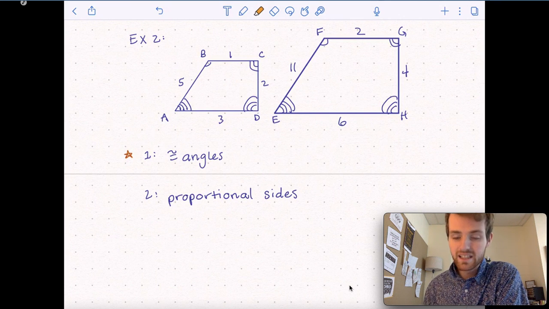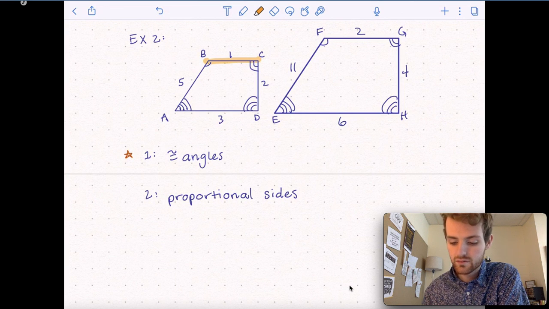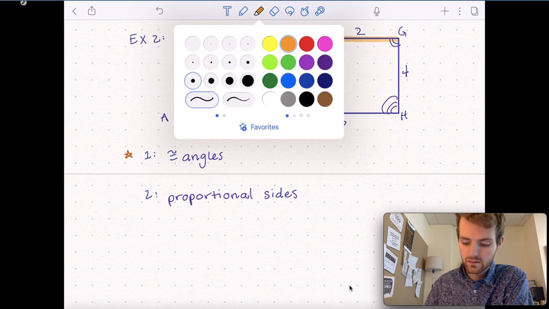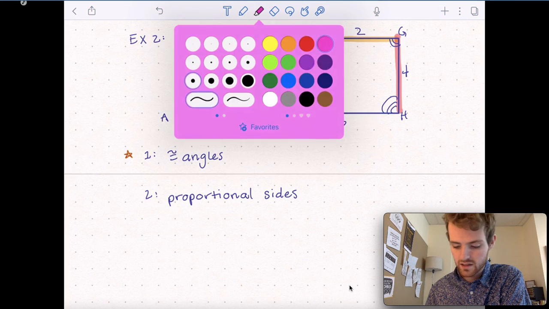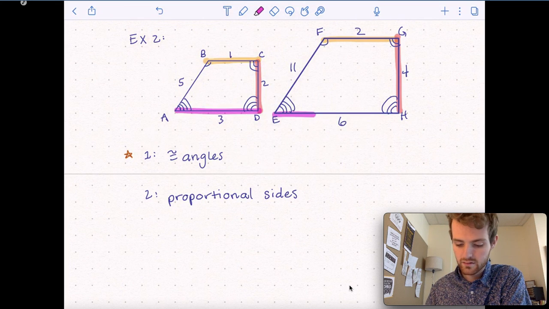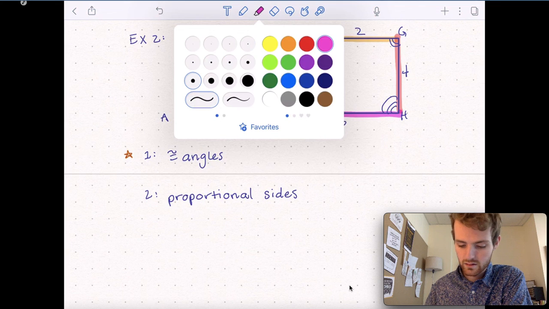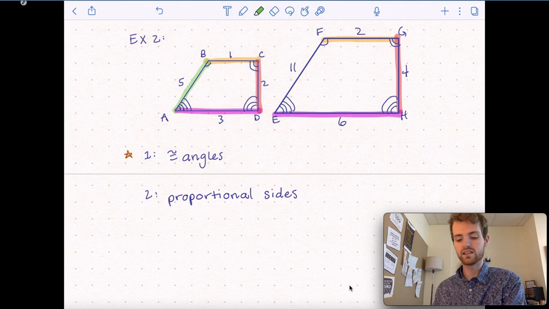So here I see BC. What side does that correspond to? That would be FG. CD pairs to GH, AD to EF, AB and EF.